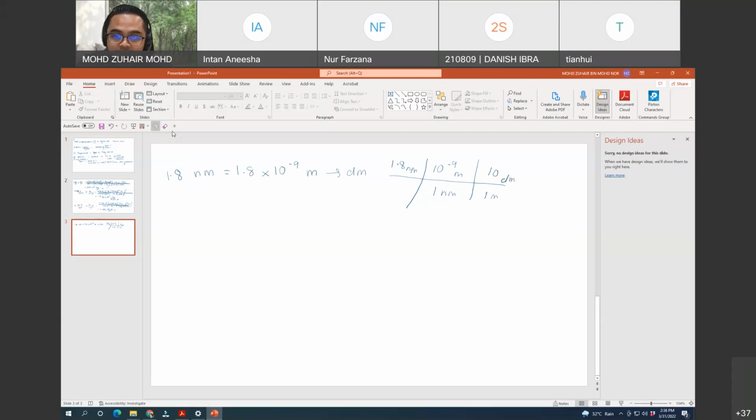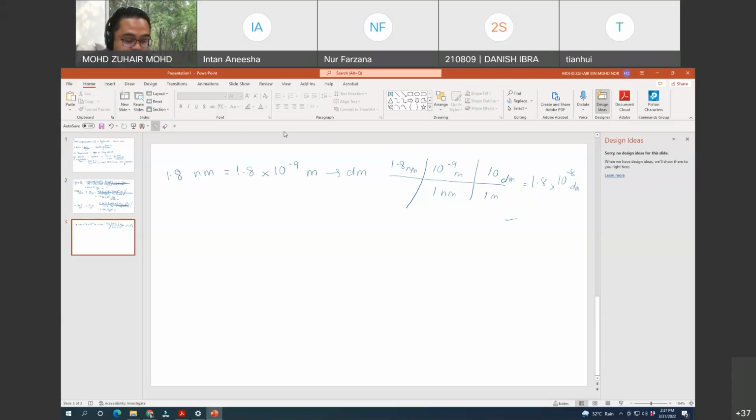Okay, the final answer will be 1.8 times 10 to the power of -8 decimeter. So, very simple one. Just want to show you how to use the prefixes, decimeter and nanometer.